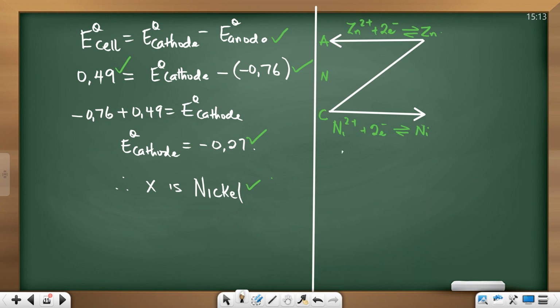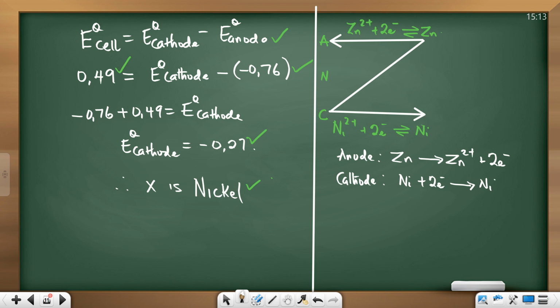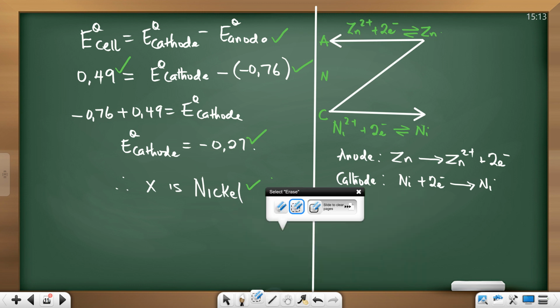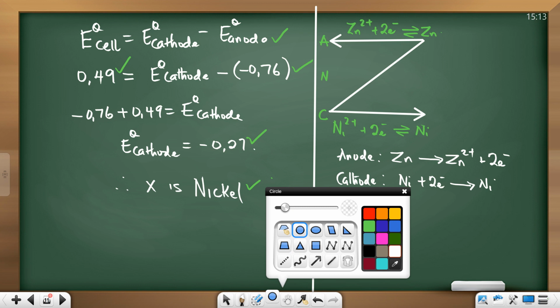So you start by writing the anode. We're starting from the right, going to the left. And then we talk about the cathode. We start from nickel 2 plus, plus 2e to give us nickel. Please take note. Do not write double arrows. Now, what I notice is that my electrons are the same in terms of number.